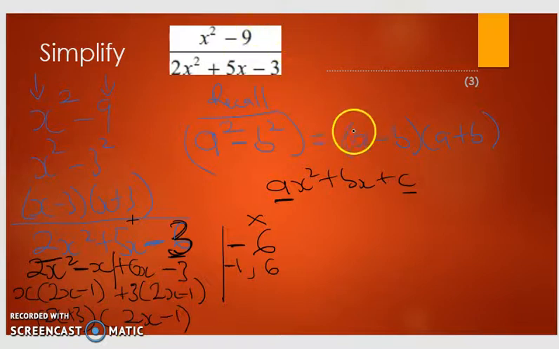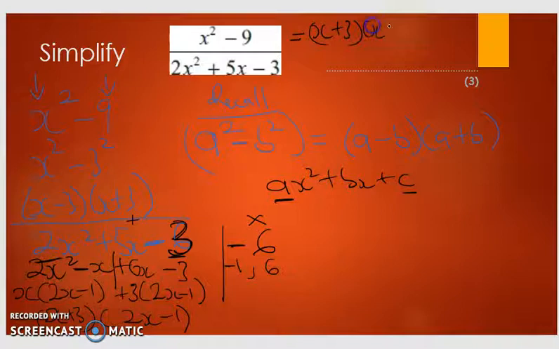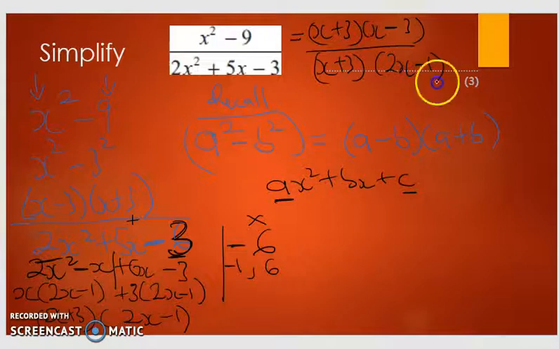Okay, so now what we're going to do is to substitute what we've factorized into the original equation. So our original equation will now be x plus 3, x minus 3, divided by x plus 3 times 2x minus 1.